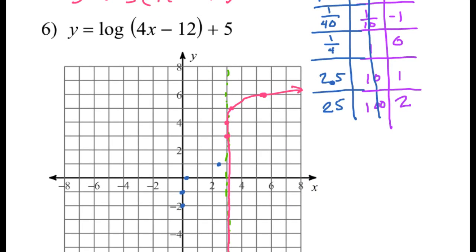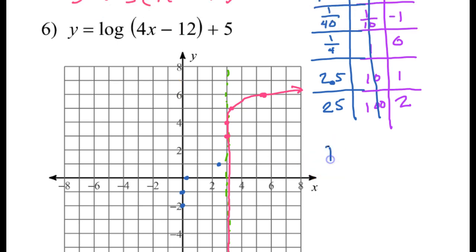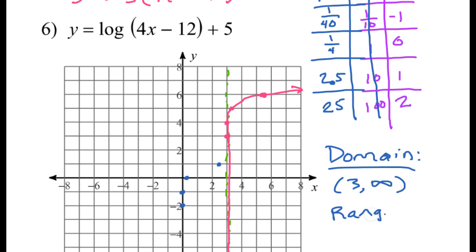So now it's time to do the domain and range and state the asymptote. So the domain is going to be the x values, so that's from left to right. So that is from 3 to infinity. The range, that's the y values.